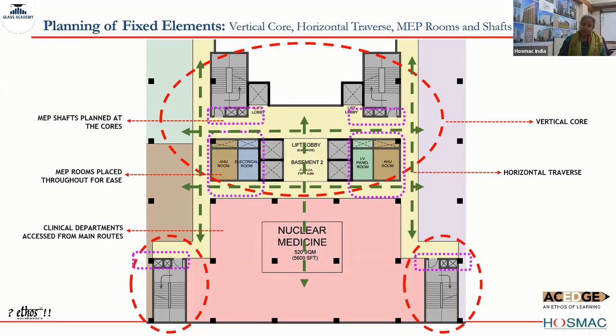Please notice that the staircases are placed in such a way that the run from any end of the hospital is being met for the fire codes. So a sprinklered building, a building which has fire sprinklers, will have to have staircases placed at 45 meters from each other.